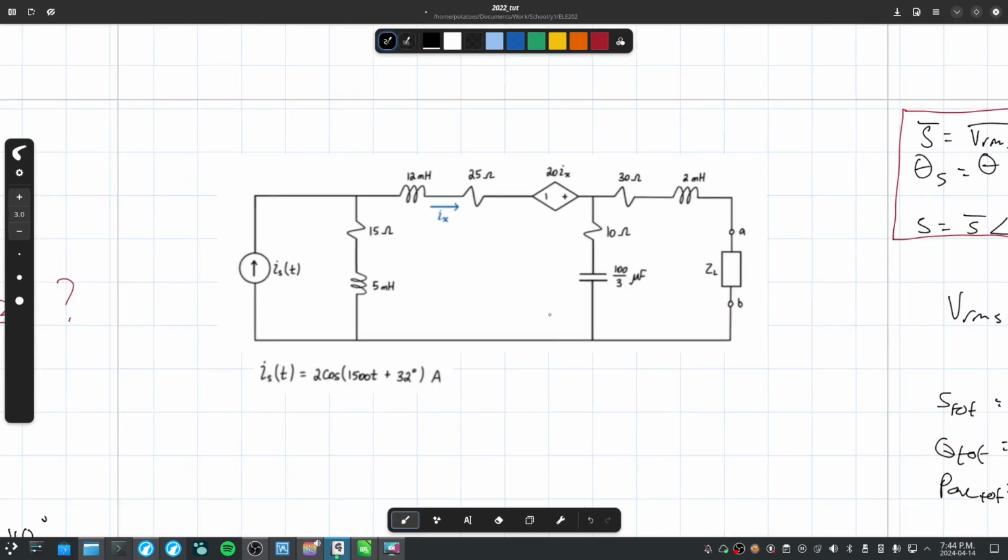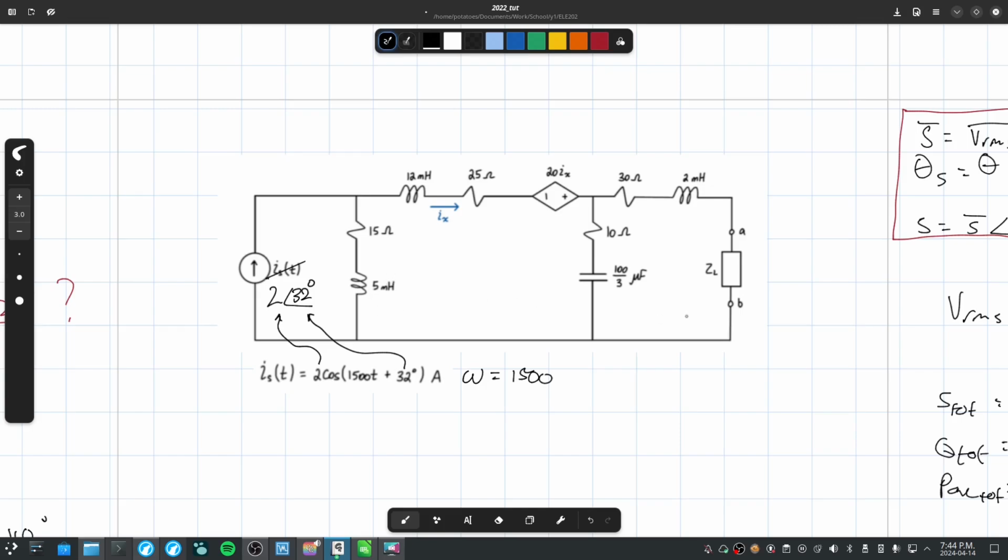Our omega is 1500. The phasor of this here is 32, so in phasor, this is going to be 2 with an angle of 32 degrees. You copy over the magnitude and you copy over the phase offset, so to speak.